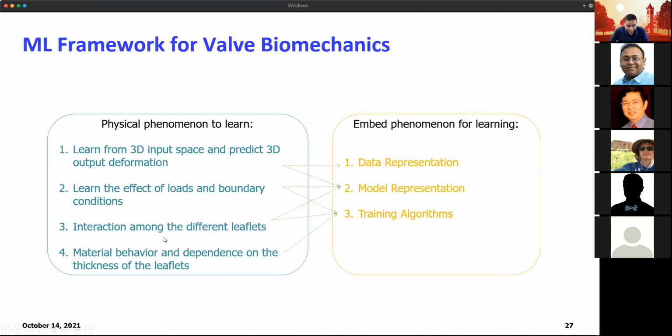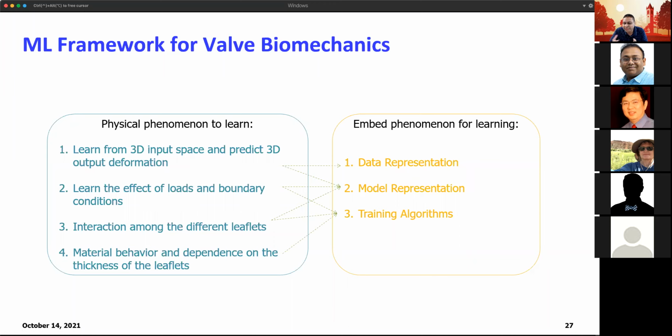Another thing that is important to model is how the different leaflets can interact. So when they're closed, they contact each other. So we should be able to replicate that phenomenon. And then finally, the material of the valve itself could be changed.